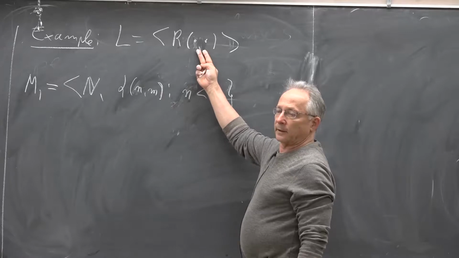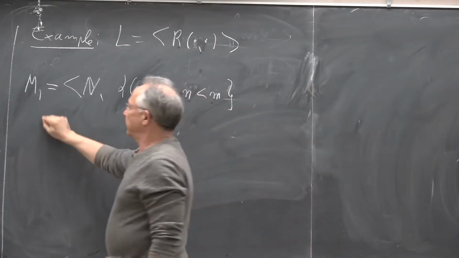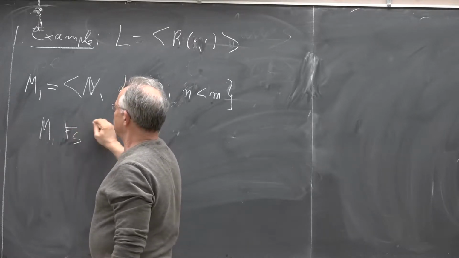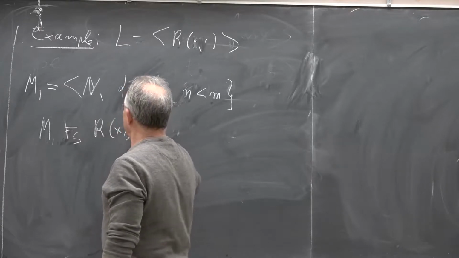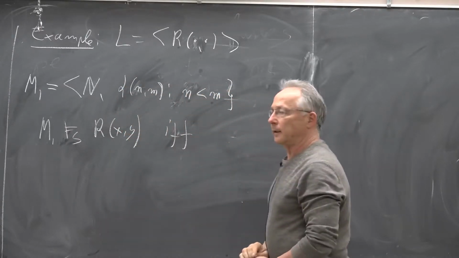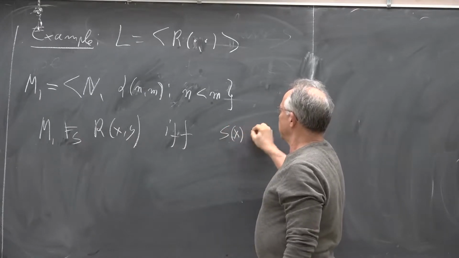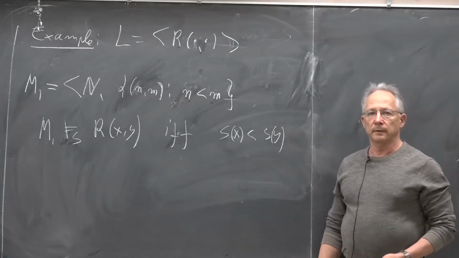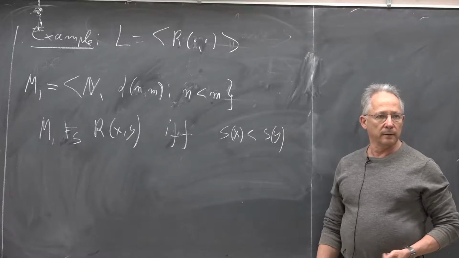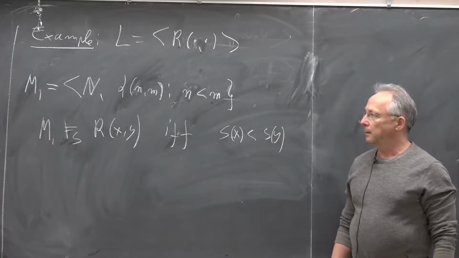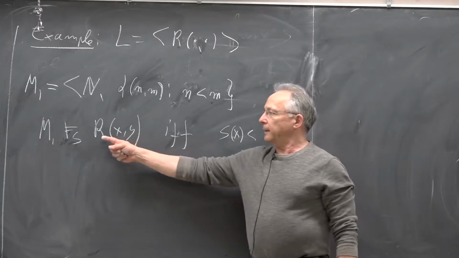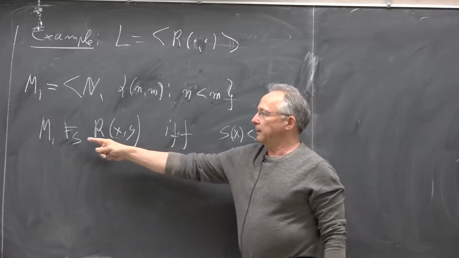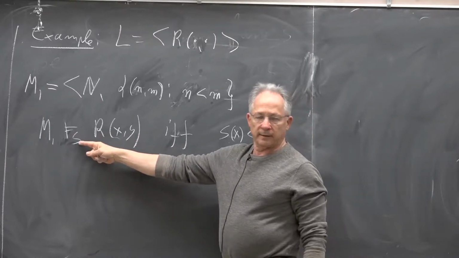A pair satisfies the atomic formula. So now I'll have that M satisfies under S R(x, y) if and only if S of x is less than S of y. How do I check if R(x, y) is satisfied in the model under the assignment S?